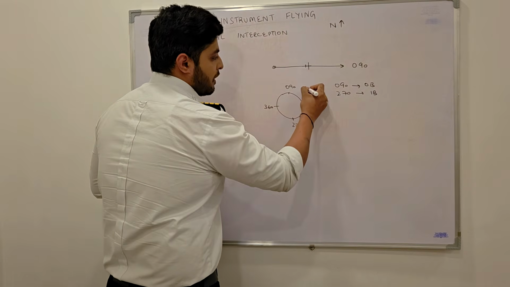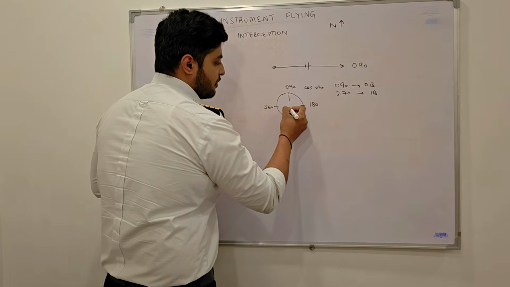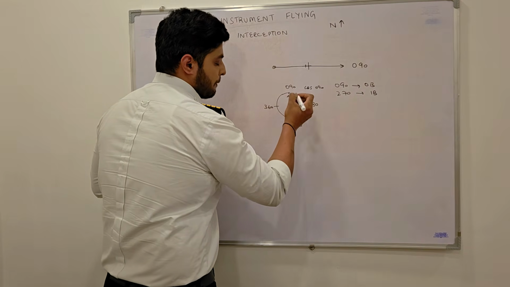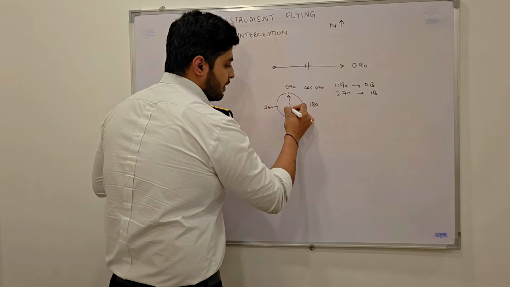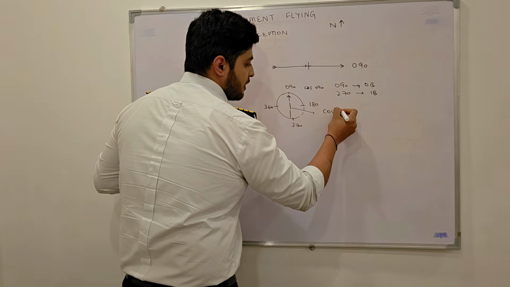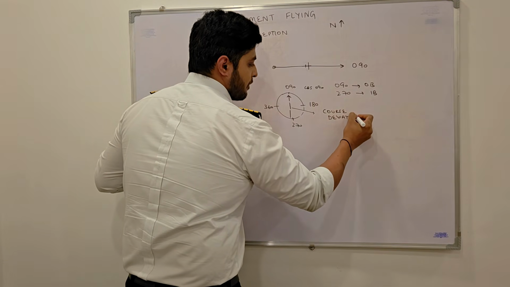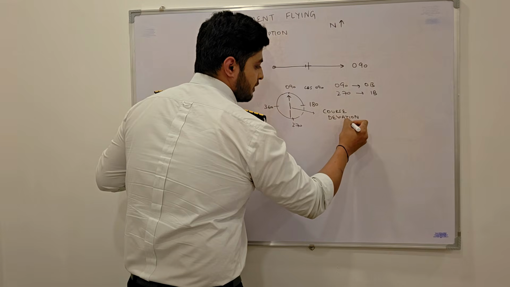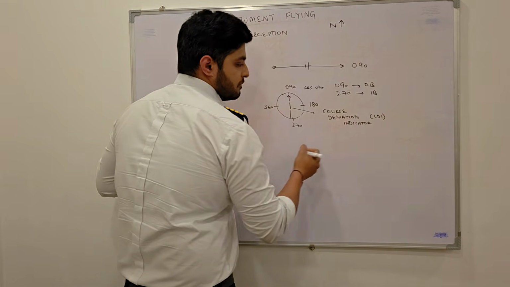So if I select my course as 090, my course indicator will look something like this, 090, with the D bar or the deviation bar centered. Now this is known as course deviation indicator, or CDI.